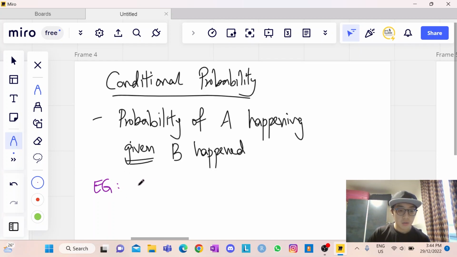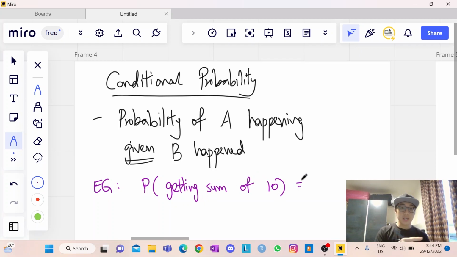All right, so in a very simple example, if I tell you, what is the probability of you getting a sum of 10? From the previous example, we get our answer is 3 over 36, which is equal to 1 over 12.